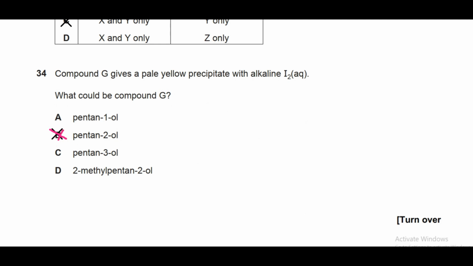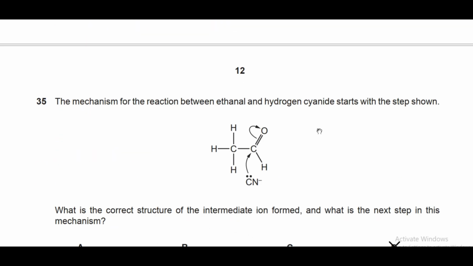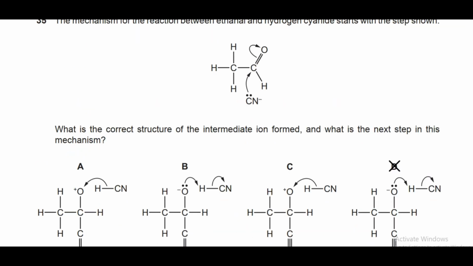Next, 35. The mechanism for the reaction between ethanal, an aldehyde, and hydrogen cyanide starts with the step shown. This is a nucleophilic addition reaction.